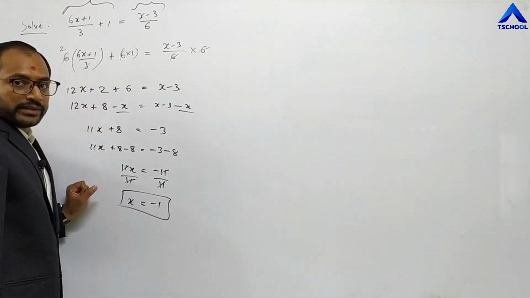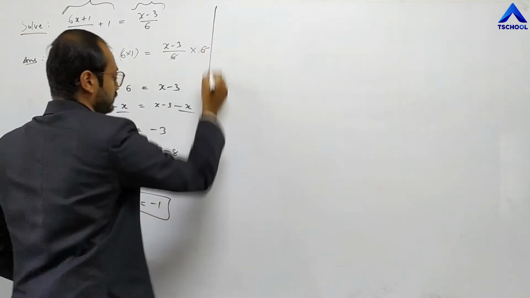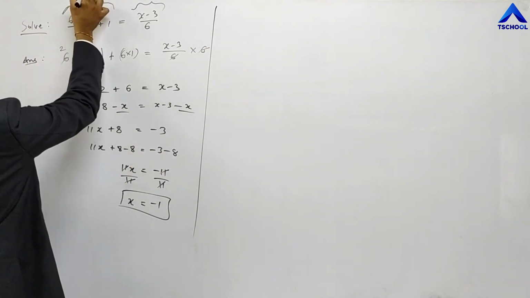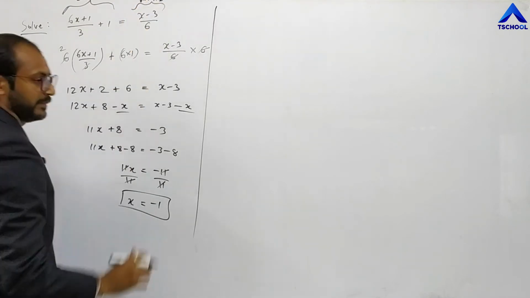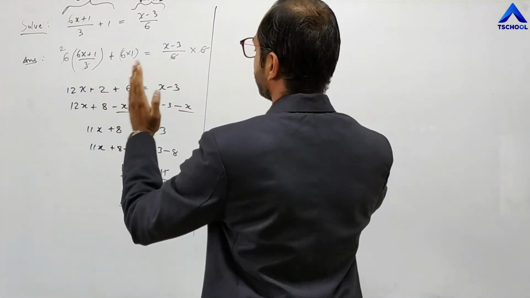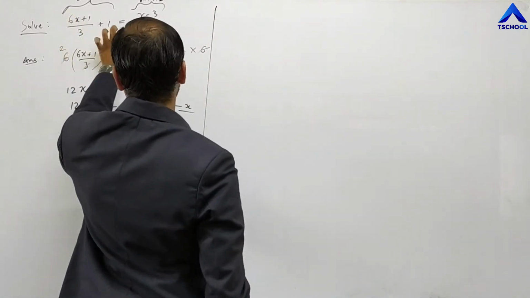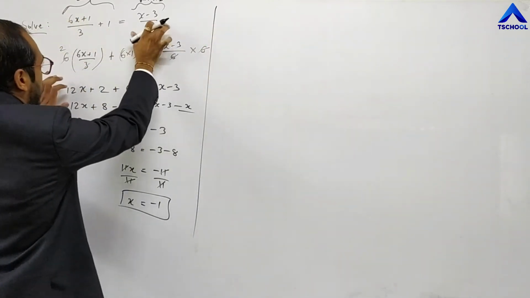Clear? Now let me verify this. Here this thing is LHS and this thing is RHS. That means when we are viewing this equation in front of you, the left hand side part of the equals sign is LHS, and the right hand side part of the equals sign is RHS.